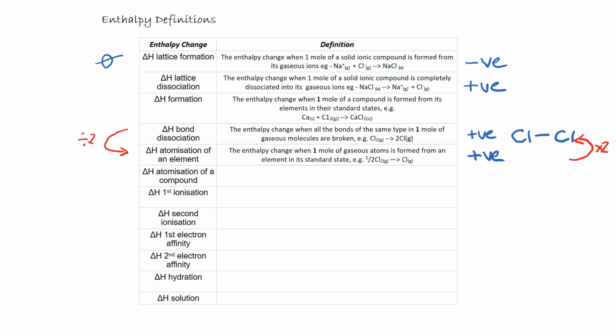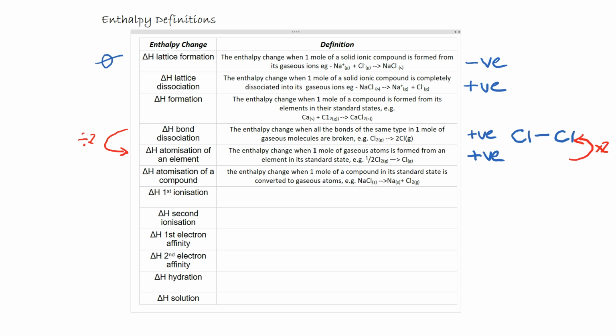That's important because in exam questions you may require the atomization of an element such as chlorine, but you're given the bond dissociation energy and you need to divide it by 2. Or vice versa, you may need the bond dissociation energy and you've got to multiply the atomization of the chlorine element by 2 in order to get the bond dissociation. So you've got to be aware of those two distinctions.